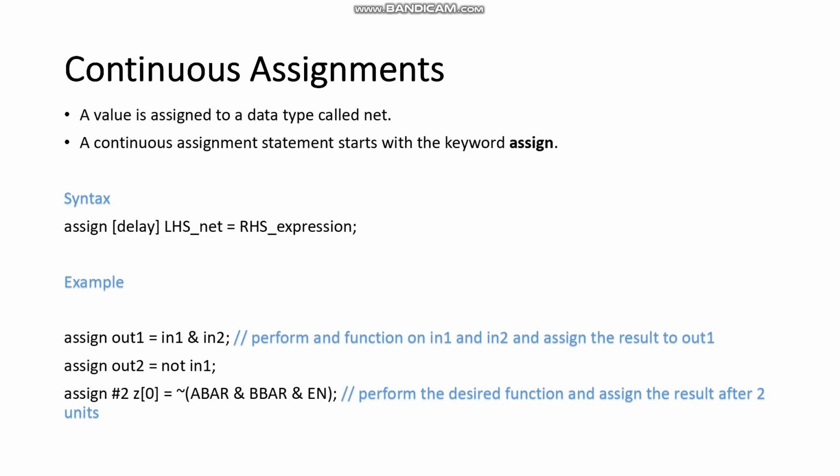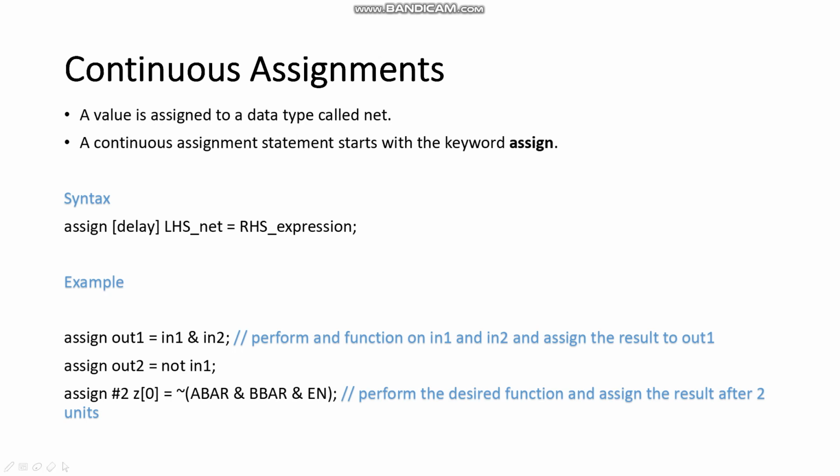Now, a value is assigned to a data type called a net. I already discussed data types like net and register, and the assign keyword, in the previous lectures. The continuous assignment statement starts with the assign keyword, and we can use this type of continuous assignment in data flow modeling, which is a data level abstraction modeling.